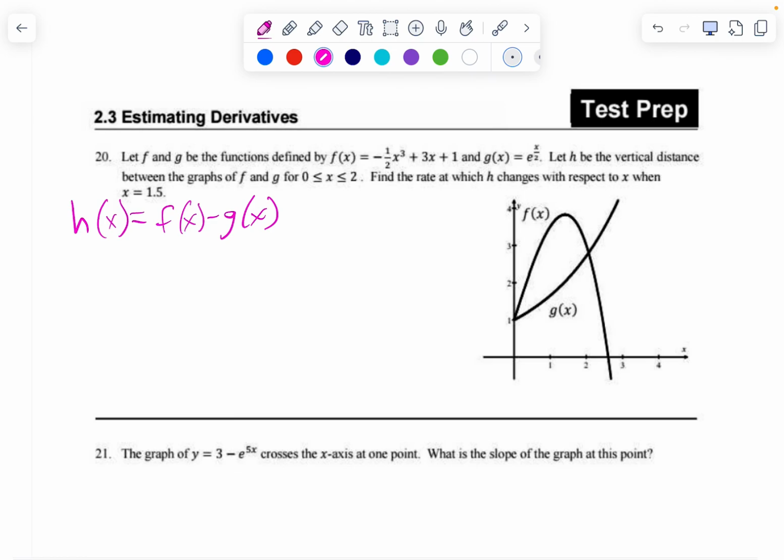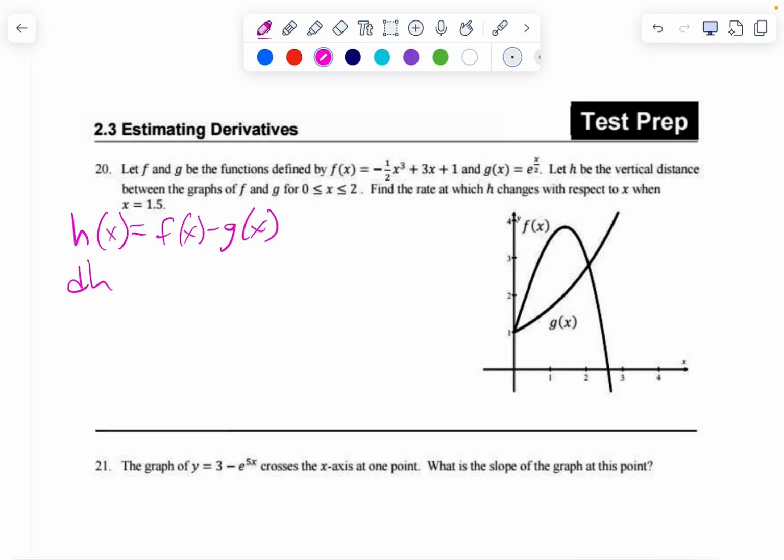So what's the rate at which h changes, so the rate that that vertical distance is changing with respect to x sounds like a what? Rate of change is also called a derivative.